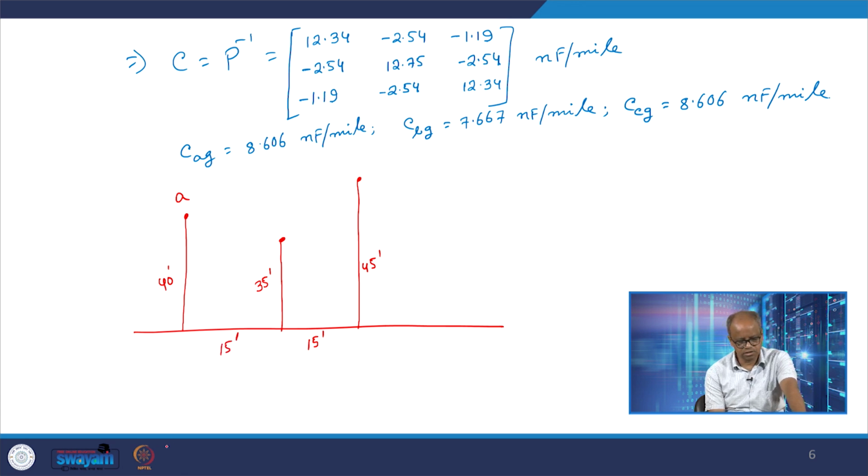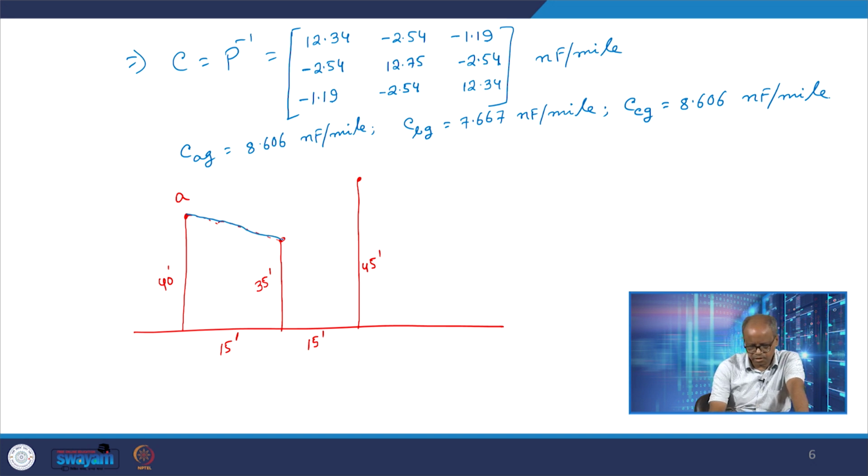From these geometrical dimensions, I can always calculate the distances by applying Pythagoras theorem and simple geometry.